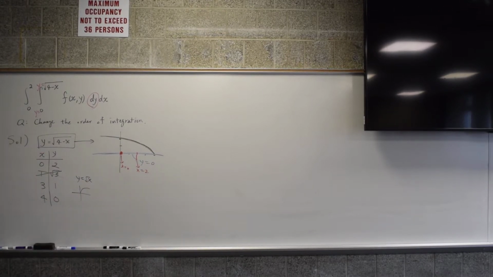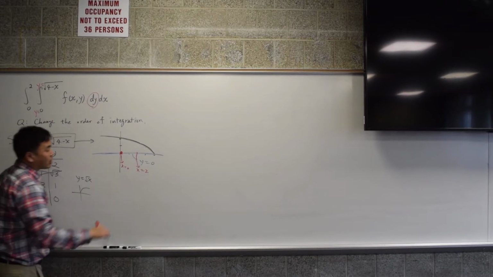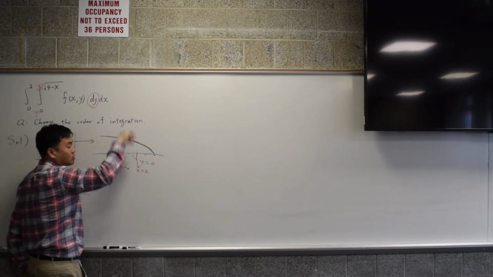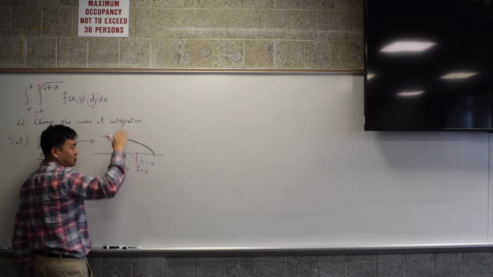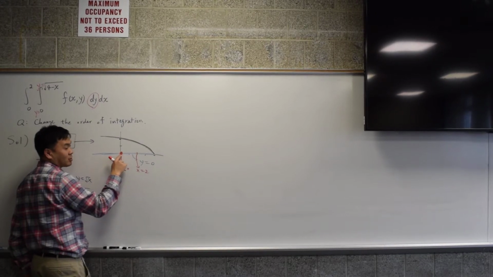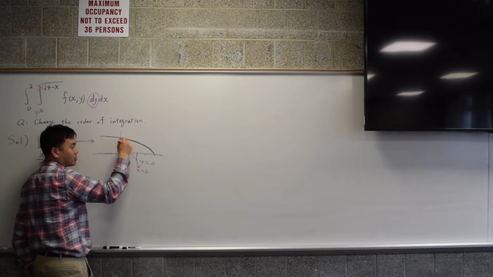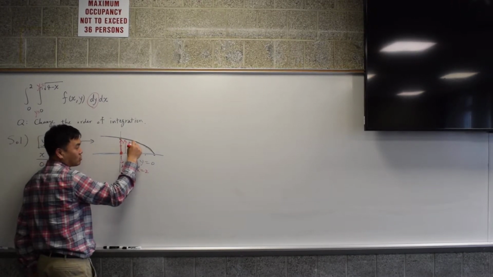And what you're trying to do is, because dy is inside, you're trying to cover a region going upwards. That's what dy means. Your leftmost point that x can have is 0, so you go here, until you reach the right end point, which is x equal to 2.